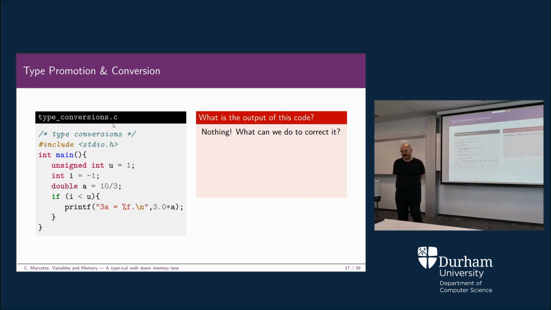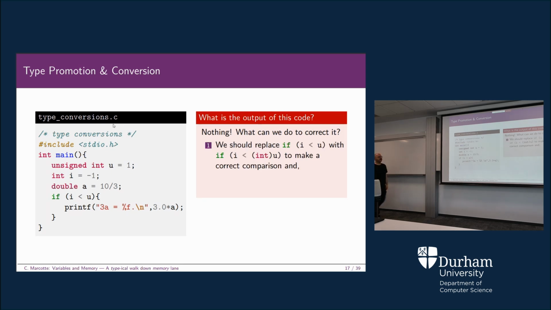What can we do to correct it? Same variables. One thing we could do is convert u to an integer rather than an unsigned int. We might run into issues if u was actually quite large. In this case, it's small, so we're not too worried. We could try to down-convert i, but that's quite weird, right? i is negative, whereas if we made it an unsigned int, it could never be negative.